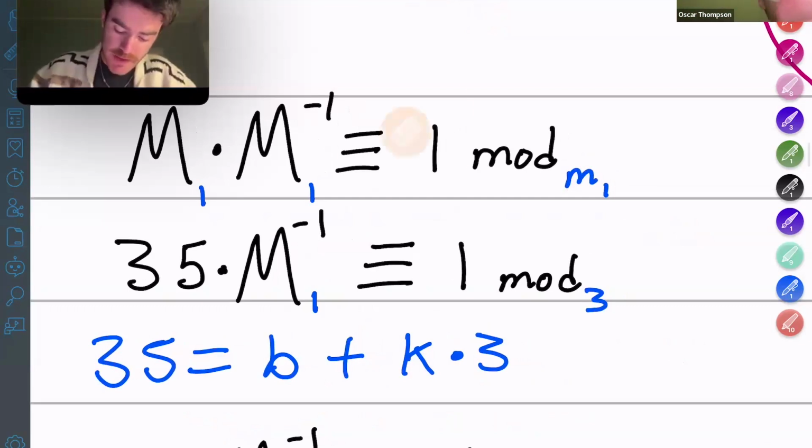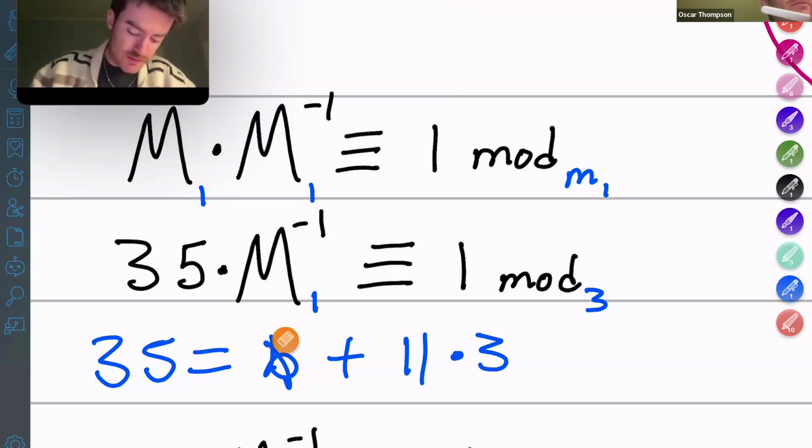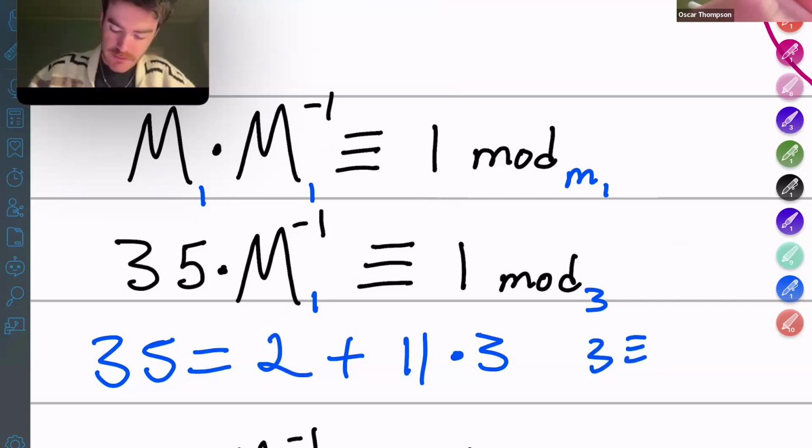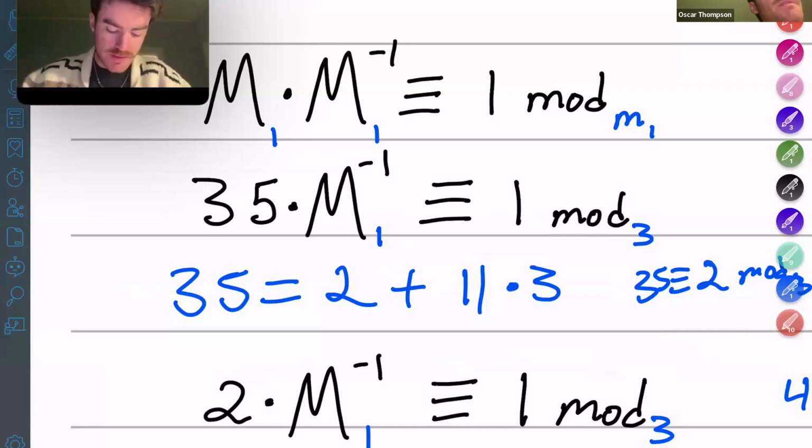So let's say k is 11. That's 33 plus 2. So 35 is congruent to 2 mod 3. So we get 2 times big M sub 1 inverse is congruent to 1 mod 3.